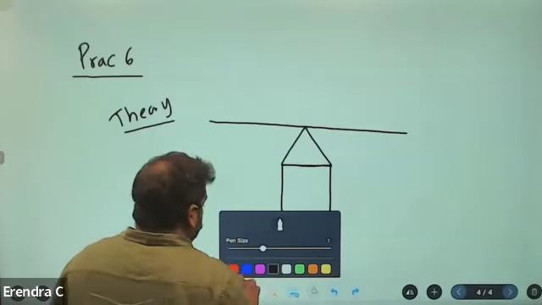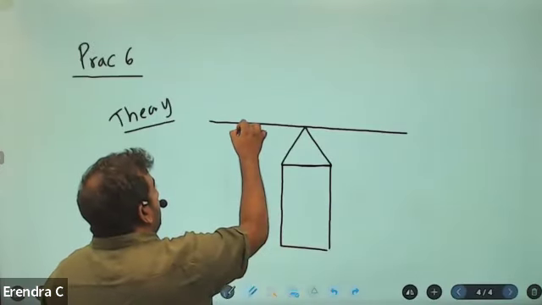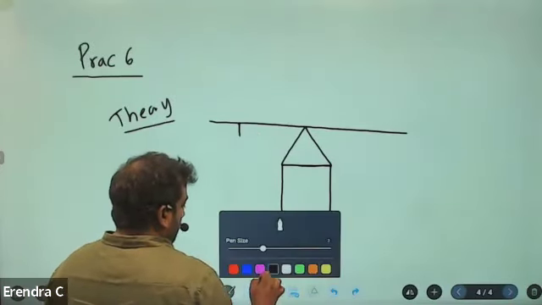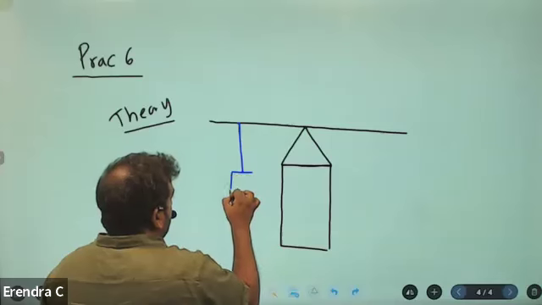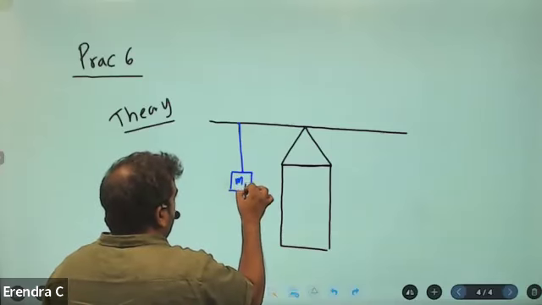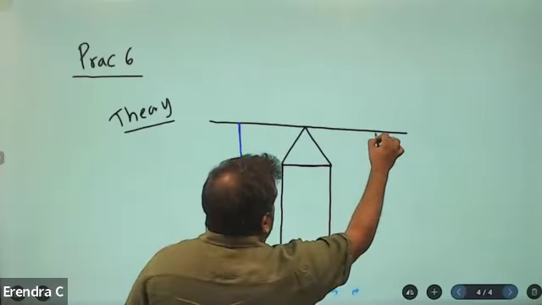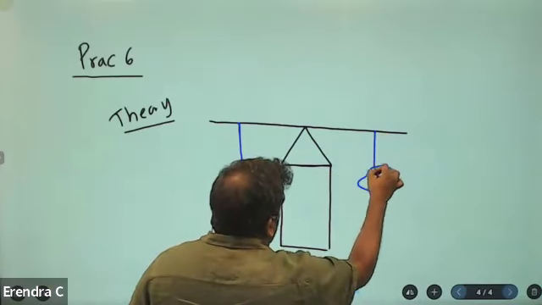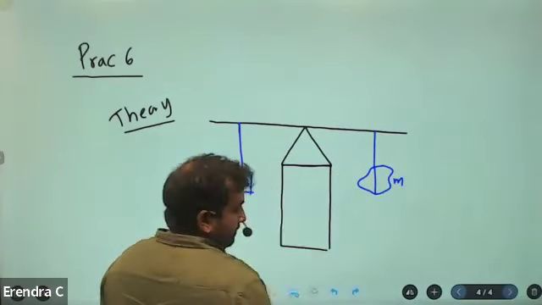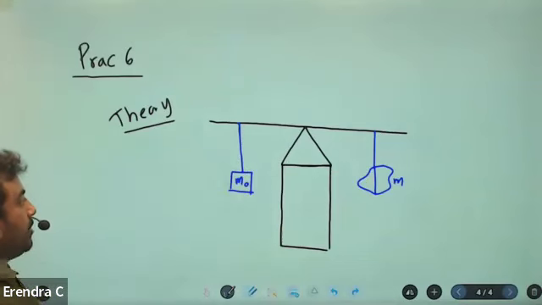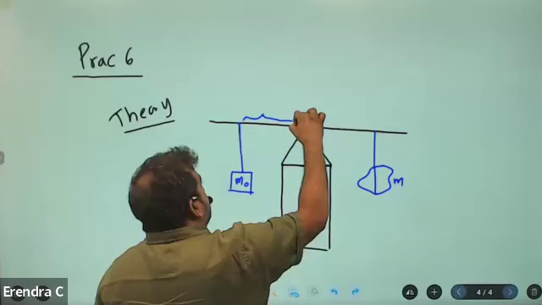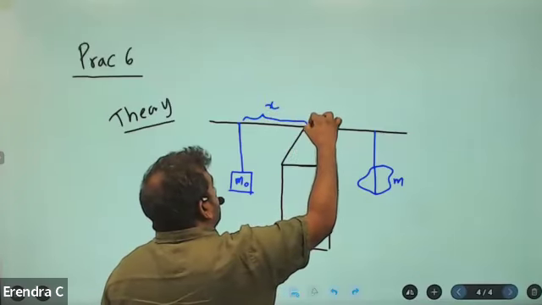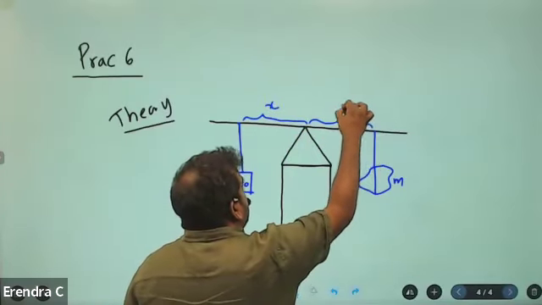What we do is, here we hang a known weight. Let's say M naught. Here we hang an unknown weight. Let's say M. Known weight, unknown weight. Let's say this distance is X. This distance is what?